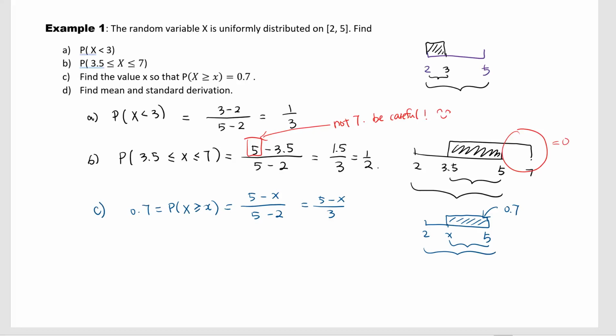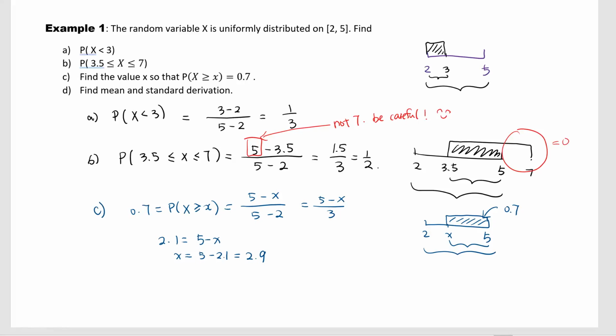Let's solve for x. We multiply by 3 on both sides and get 2.1 is 5 minus x. Add x to both sides and subtract 2.1, and we get 2.9. So our x value is 2.9. So far, so good, everybody?